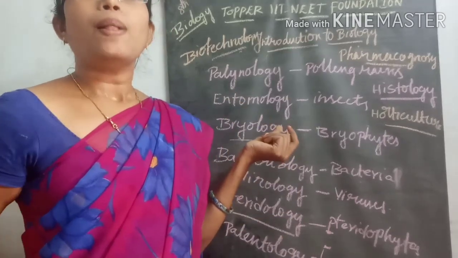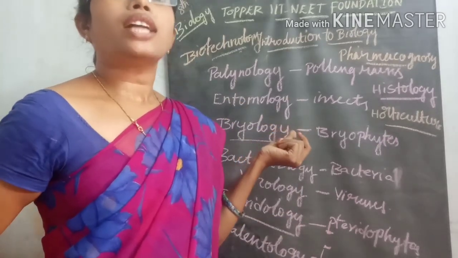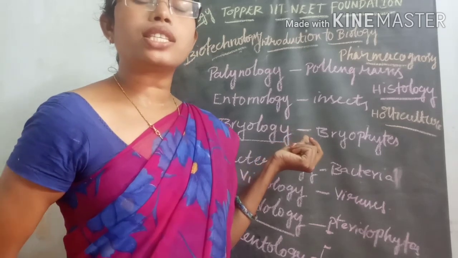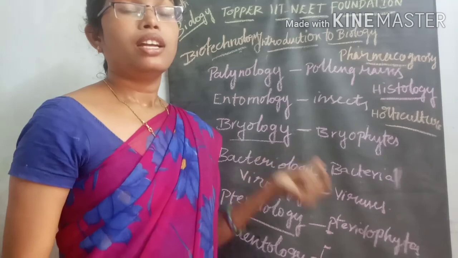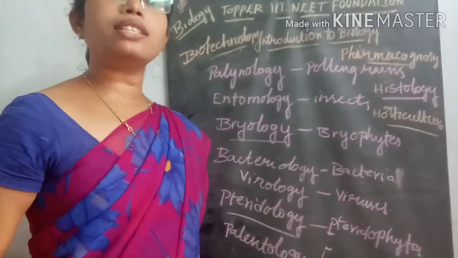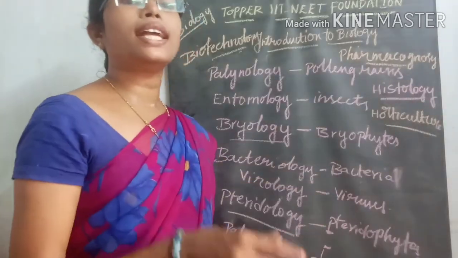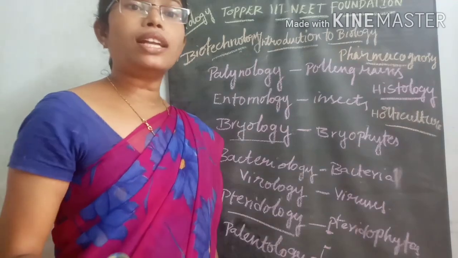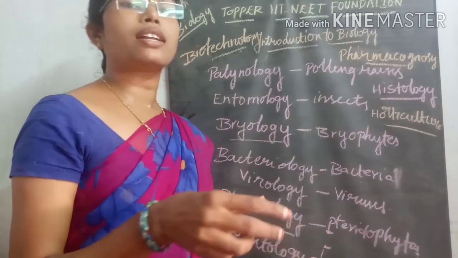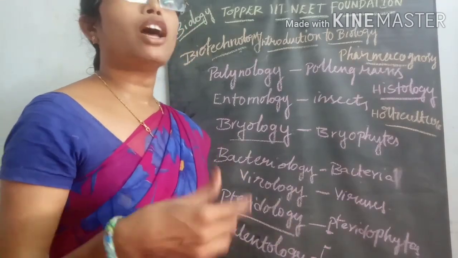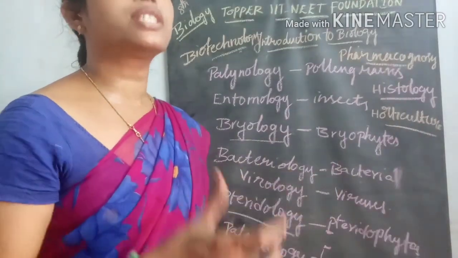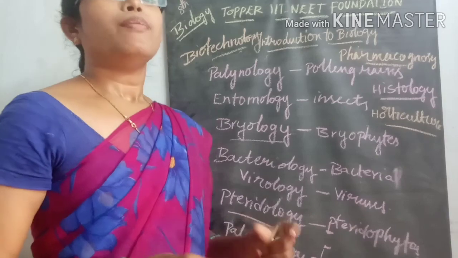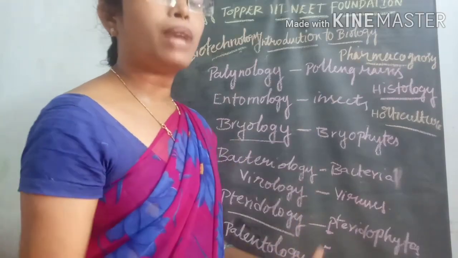And the large scale production of antibiotics, different drugs, and medicines which treat different varieties of diseases. And the industrial products which are prepared on a large scale, like how we prepare alcohol on a large scale, or how we maintain different varieties of plants.